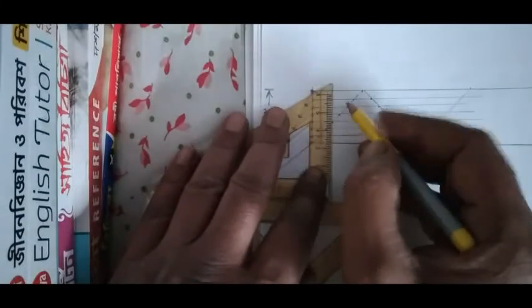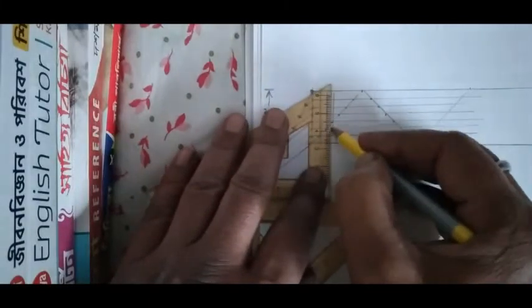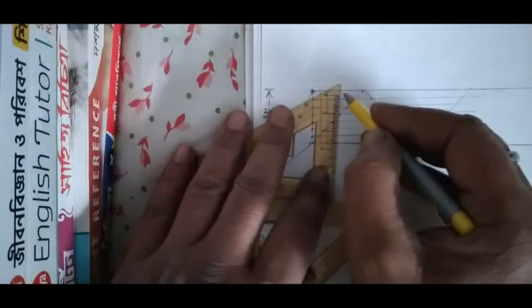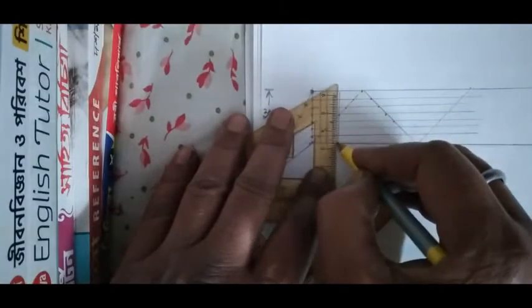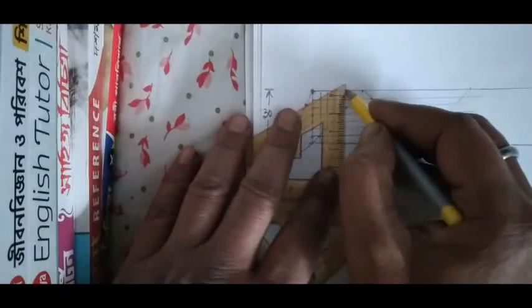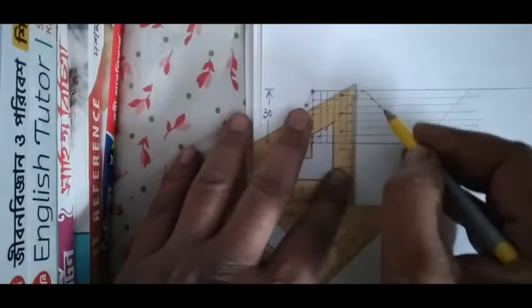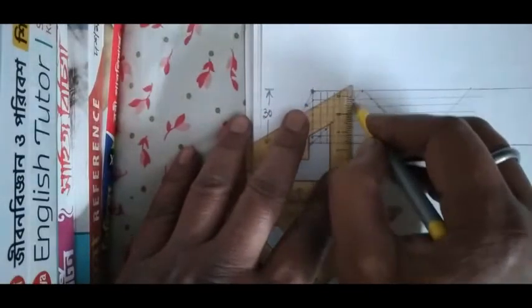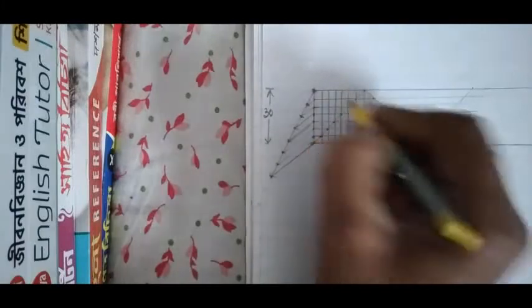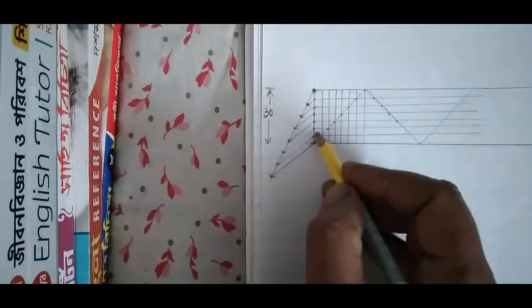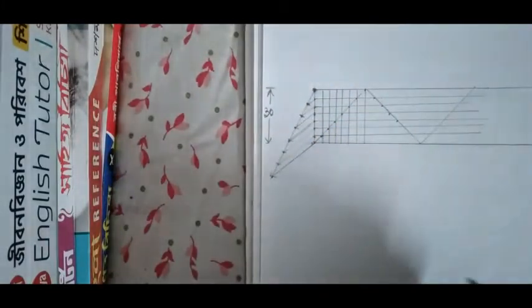Similarly, you have to draw a line through this point up to this point. Understand? Then you can see so many square boxes are there.